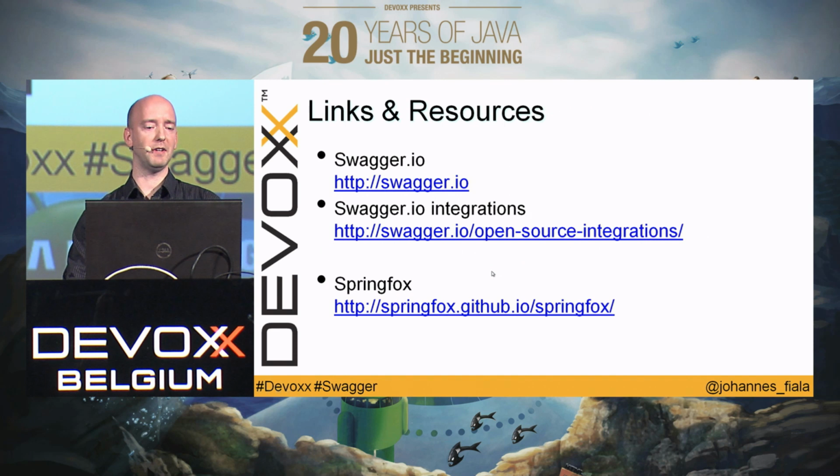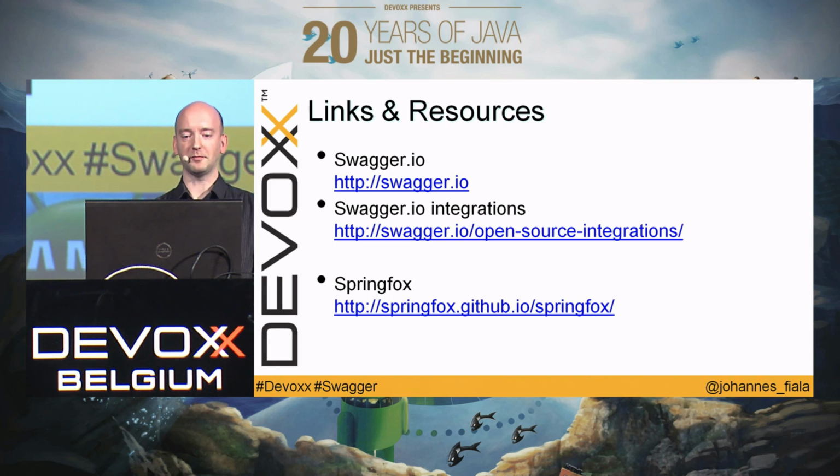Some resources about Swagger. The main page is Swagger.io. There you find everything about Swagger. And so far, I only showed the Spring part, so the Spring integration. There is a huge number of open source projects for different frameworks, if you're not using Spring. And yeah, you can simply look it up and see if the matching integration is available for you.